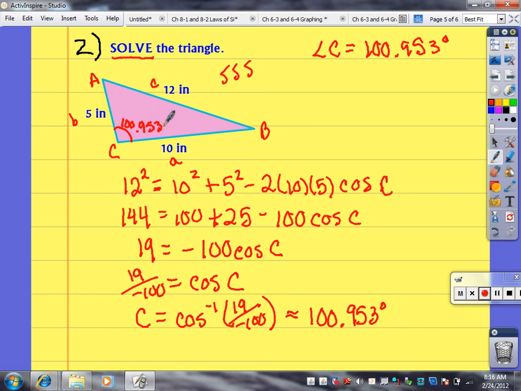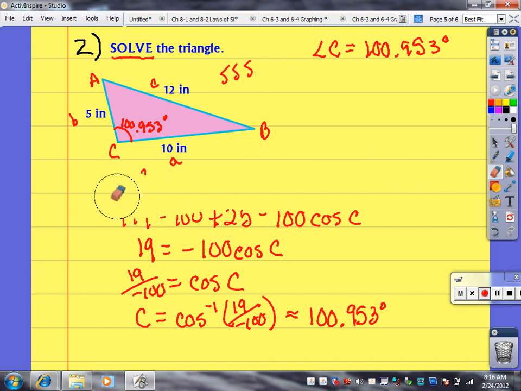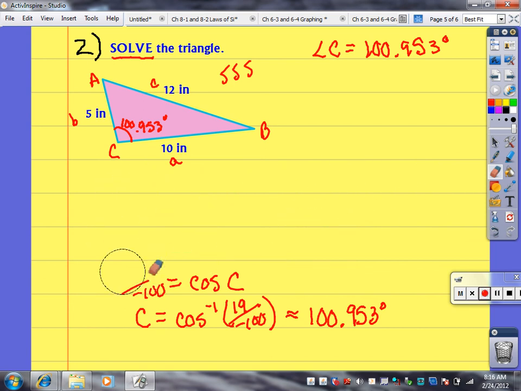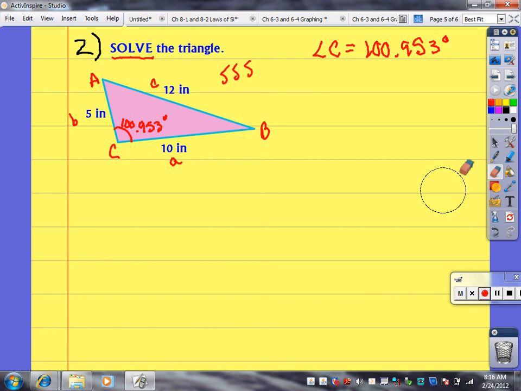we need to find the other angles. Now you can use the law of cosines again, but now that we have a corresponding sided angle, we can actually go back and use the law of sines instead. So if we use the law of sines, it will be so much easier and quicker than doing that again.